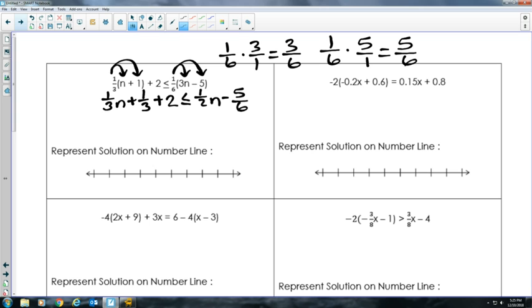Okay, combining like terms. So if you're looking here at your 1/3 plus 2, if you change your fraction so that it has a common denominator, you would have 6/3, which would give us 7/3. So now I have 1/3 n plus 7/3.